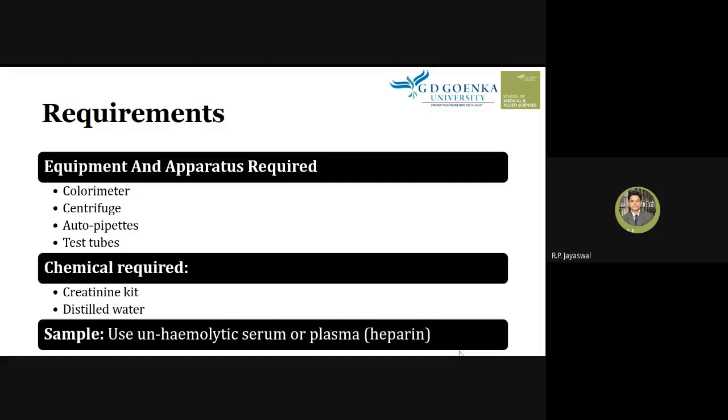The sample should be a plain sample; we should not add any anticoagulant. So it should be a plain vial where we can collect serum, or we can collect plasma from heparinized blood. This is the sample recommended for the creatinine test.